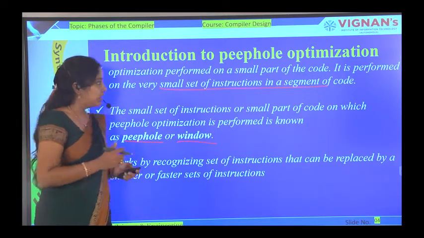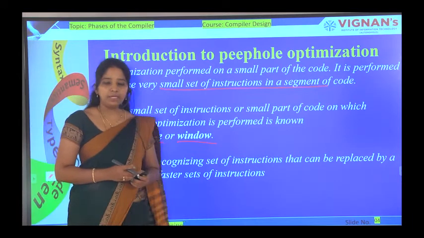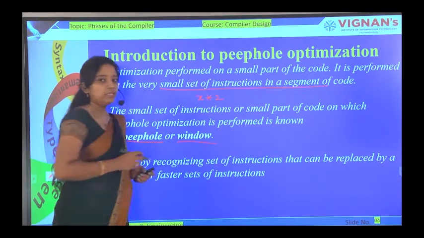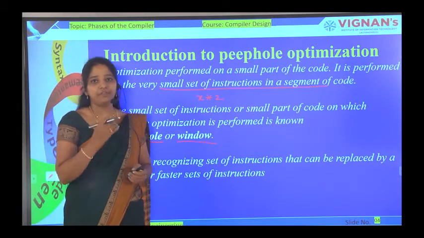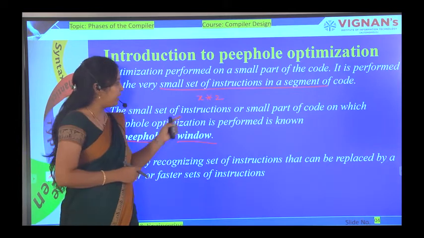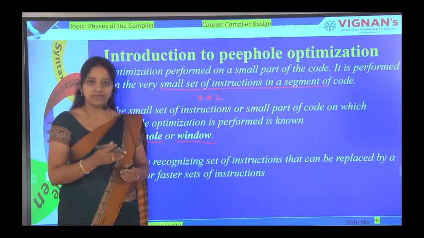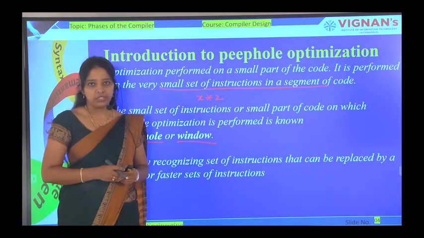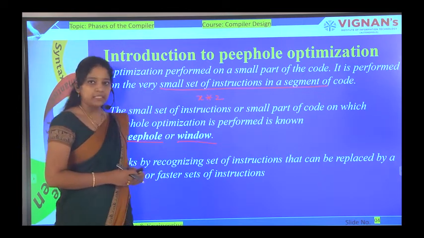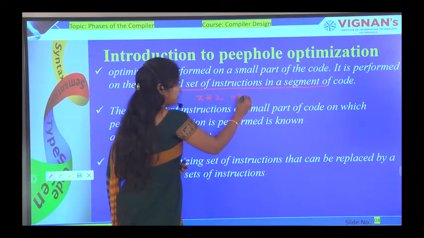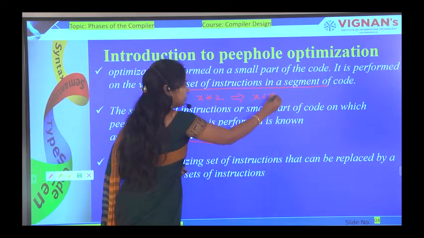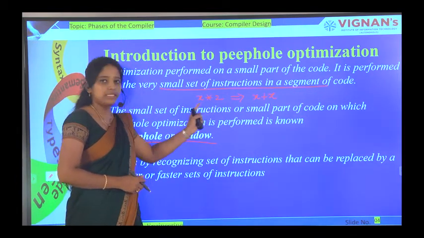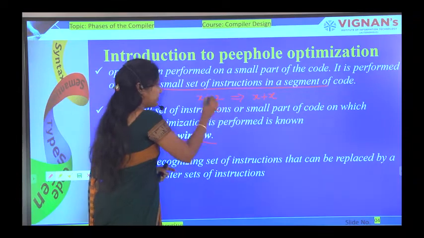It works by recognizing sets of instructions that can be replaced by shorter or faster instructions. Suppose I want to perform a multiplication operation, x into 2. Multiplication is a high frequency operator, so I want to replace it with a low frequency operator, which has lower precedence. So I write this expression as x plus x. Before optimizing, x into 2 gives the output 2x.